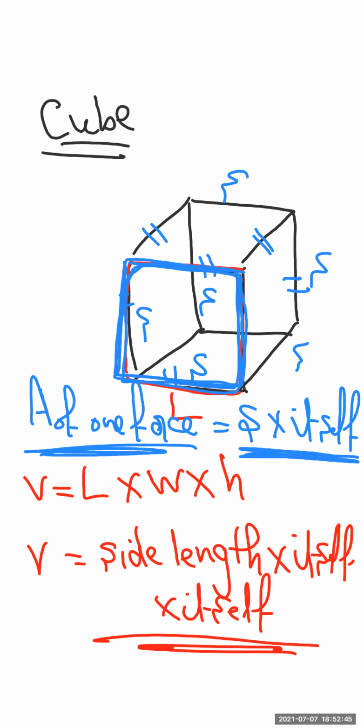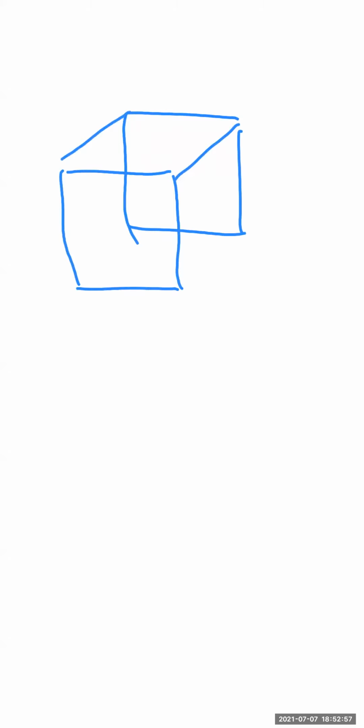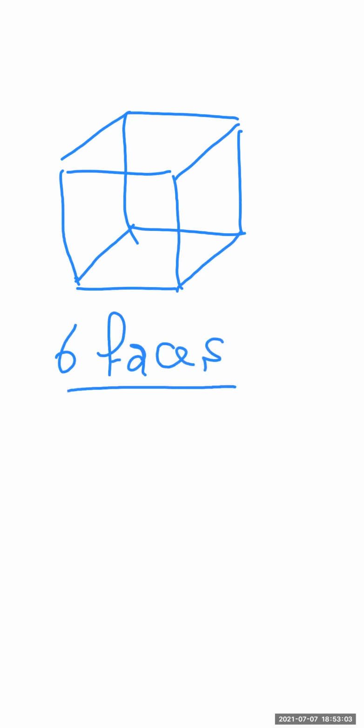The next point, we studied the lateral area and the total area. One second, I'm going to clear the board. This is the cube. Actually, the cube has 6 faces, and each one is a square.